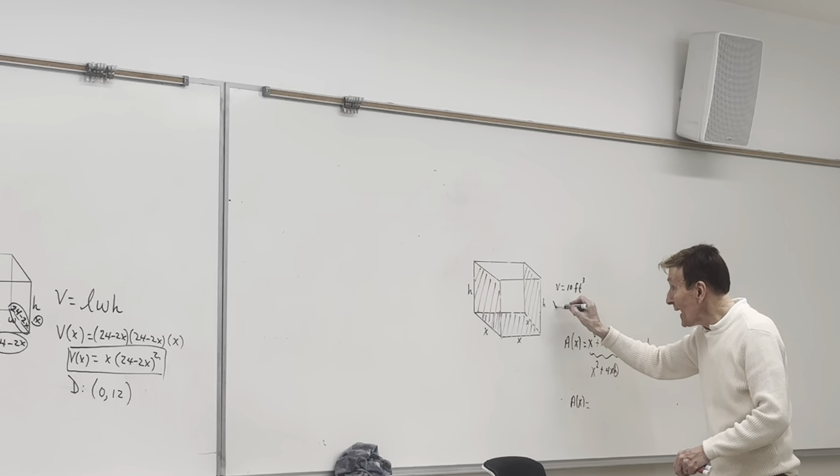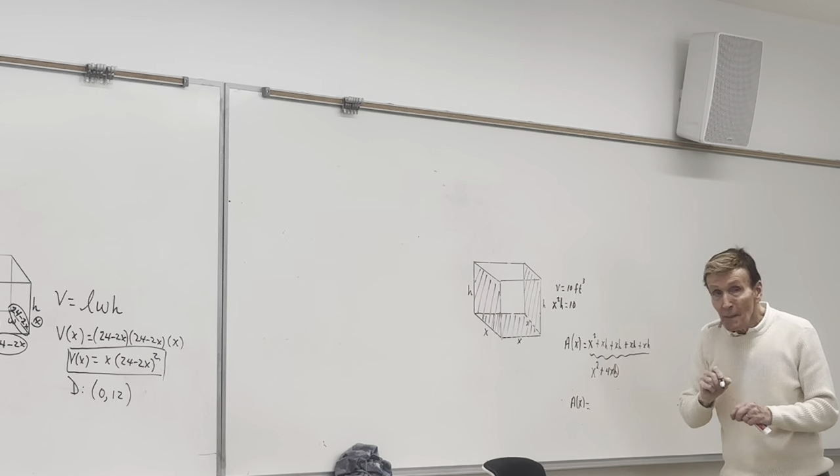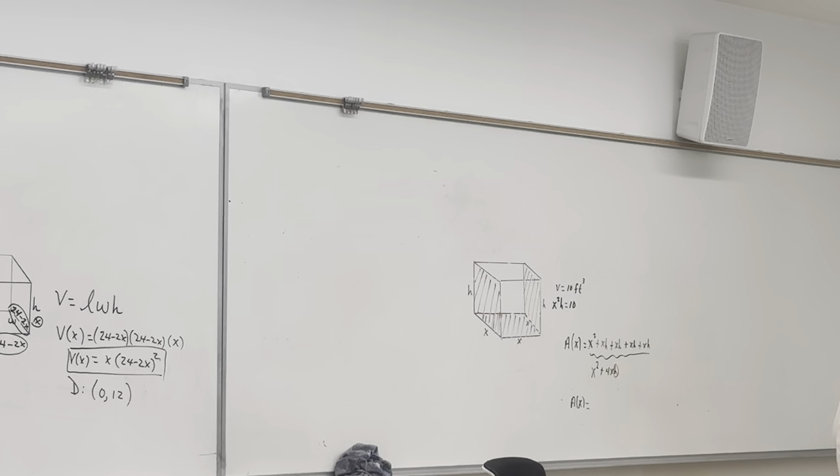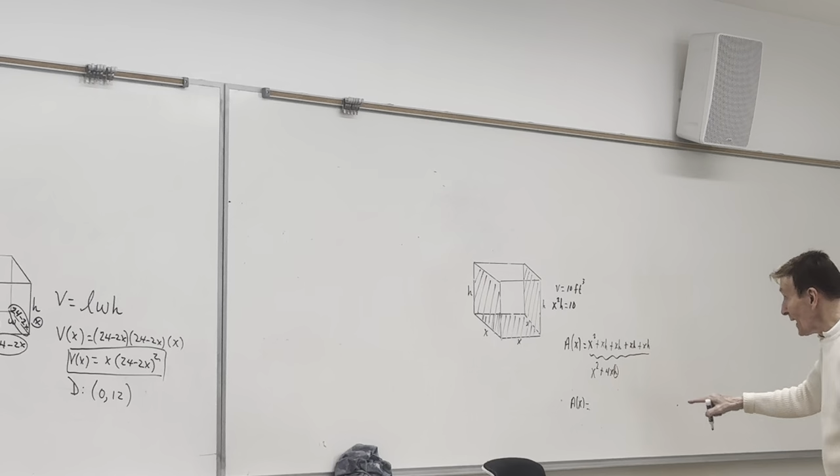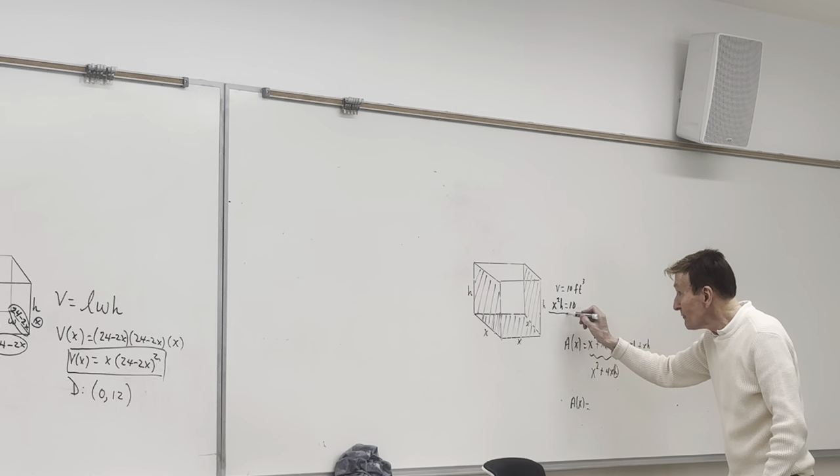Is that x squared h that we're talking about, equal to 10? So then h is equal to 10 over x squared. Yeah, exactly. Is that x squared h, length times width times height, that's the volume. They said it's 10 in this case. Now, if I need to substitute for h, which I do, let's find h.